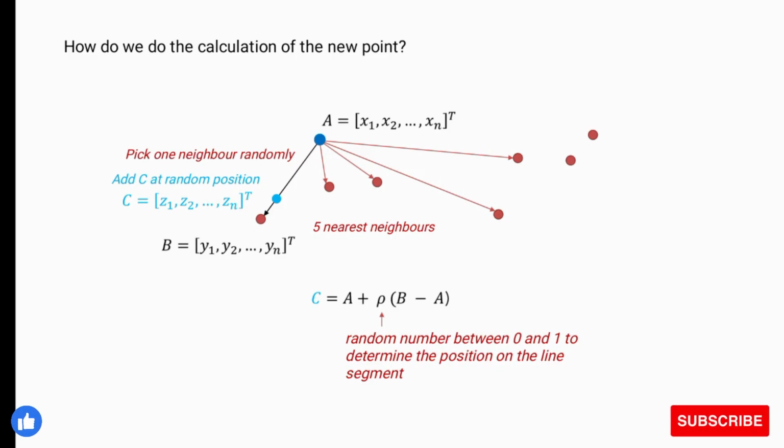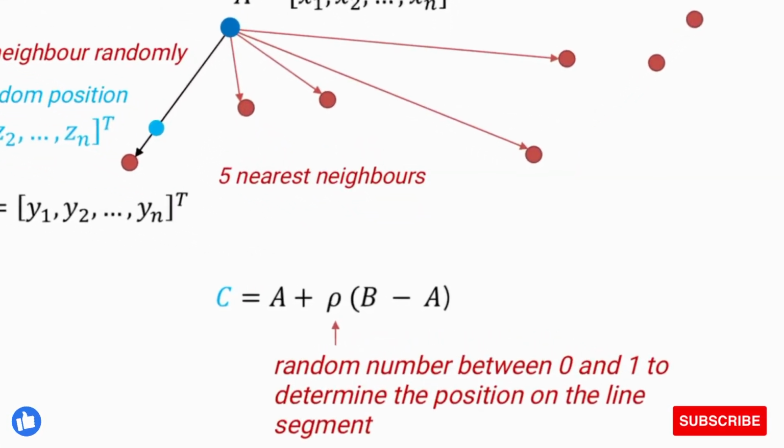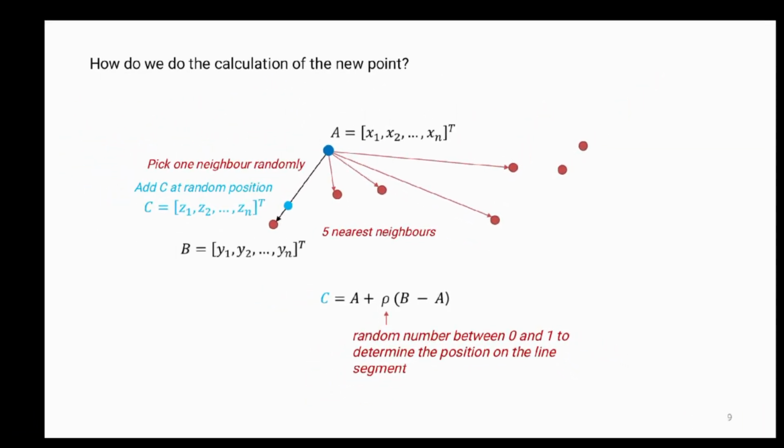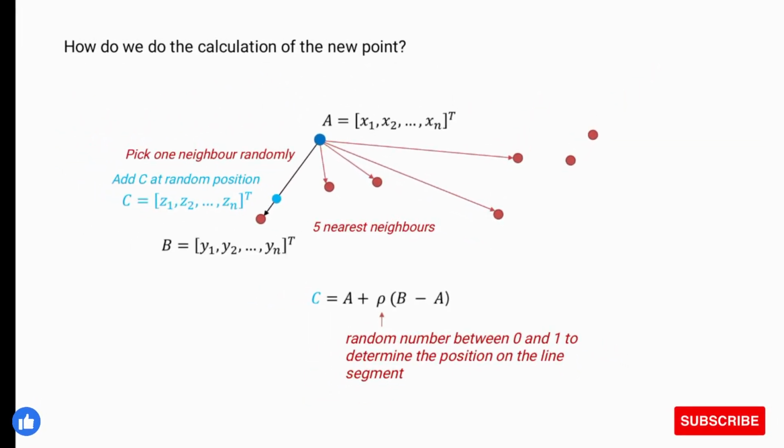What does this mean in non-mathematics speak? Okay, so we start with the original point, then we work out the difference between the original point and its neighbour. That's the B minus A part. So that tells us the differences in all the features. And then we apply this parameter rho, which is a multiplier between 0 and 1, which effectively says how far down the line joining A and B we want to be.